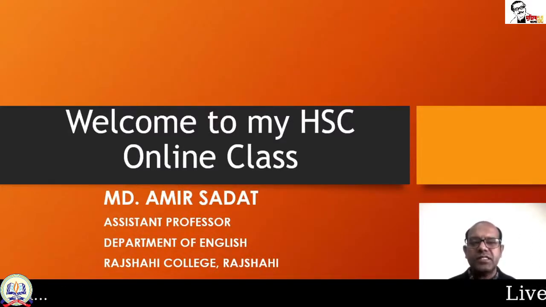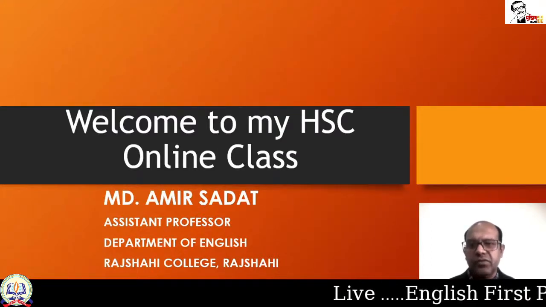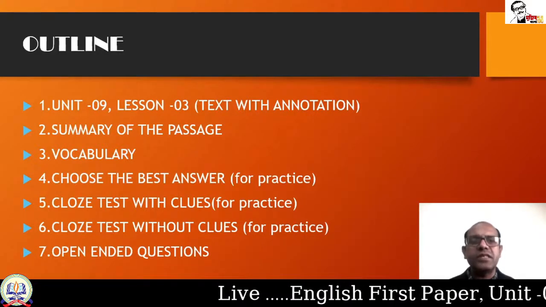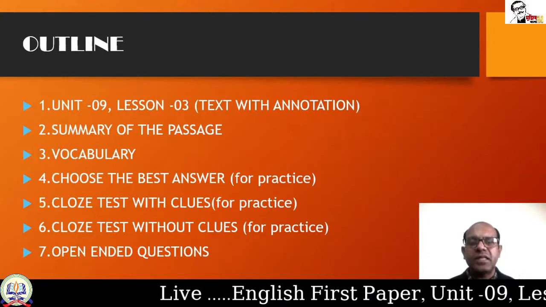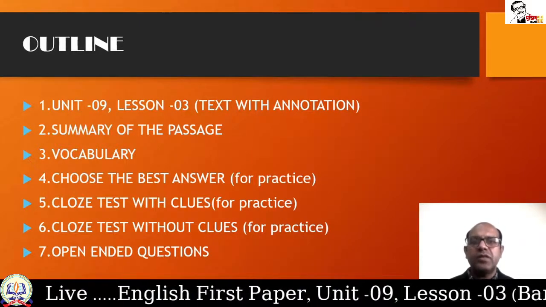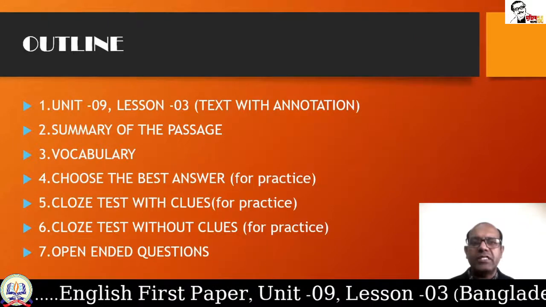Okay, dear students, before starting today's class discussion, let's have a look at today's class outline. Today I'll discuss Unit 9, Lesson 3, and the title of the lesson is Bangladeshis in Italy. I will thoroughly read the text and explain it.